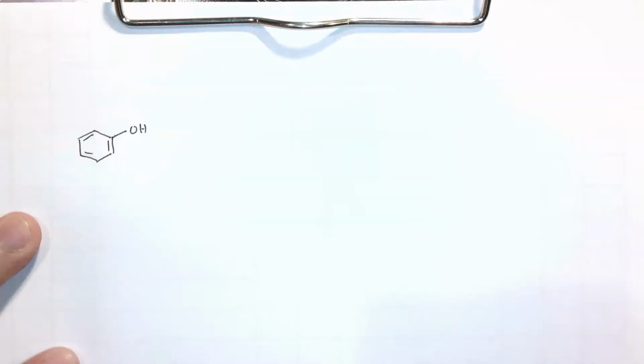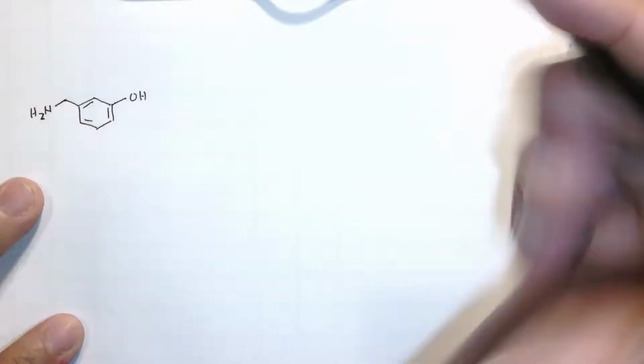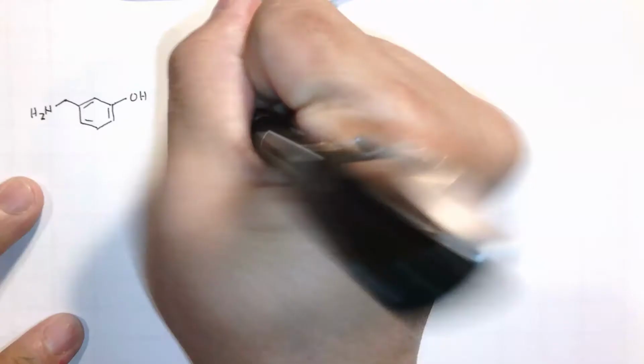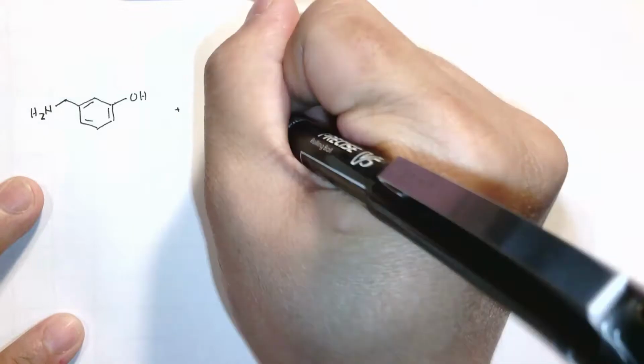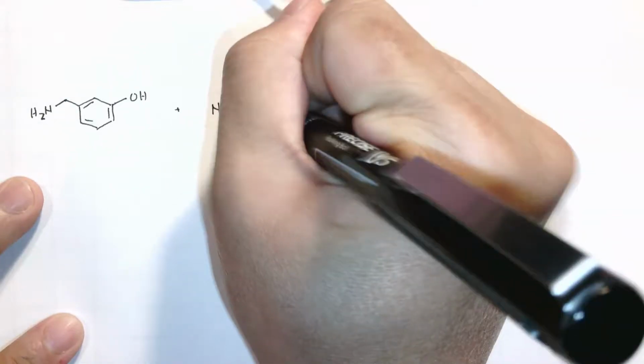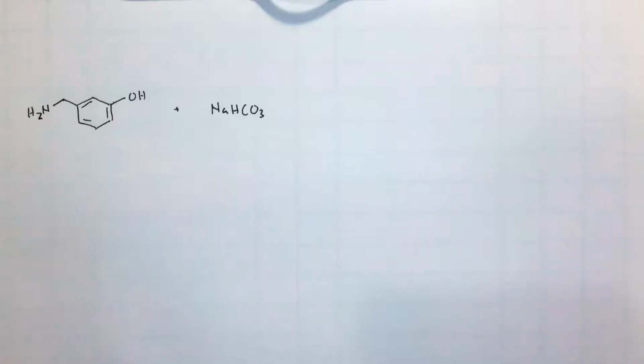Let's look at that second molecule, because I actually did not want this weaker acid to be transferred. Okay, I don't want to deprotonate this. But I still want to use a base to deprotonate the carboxylic acid. Nachos, NaHCO3.